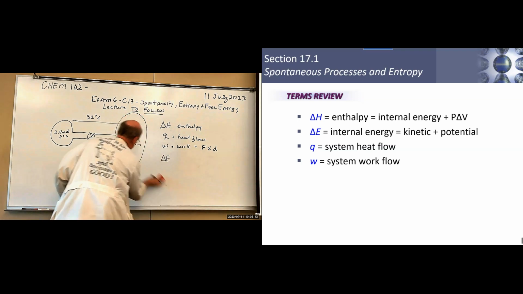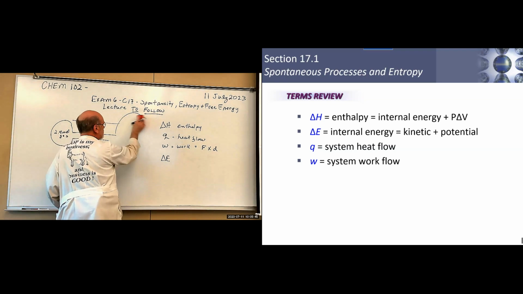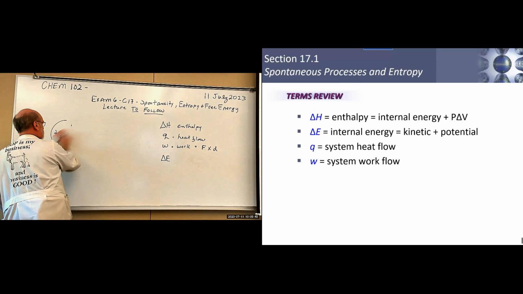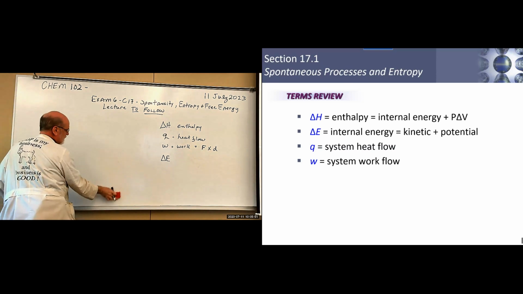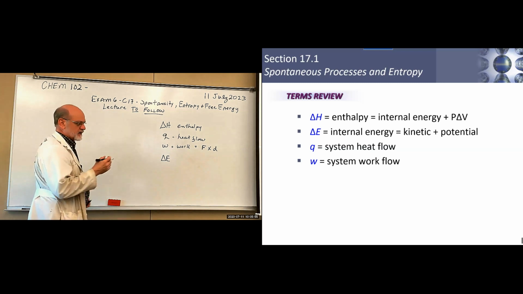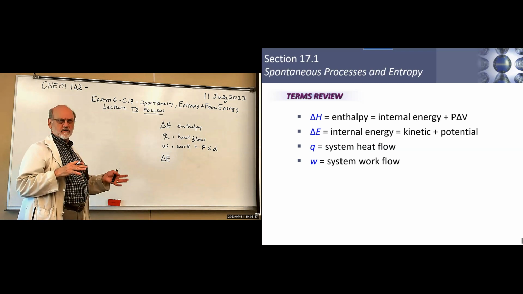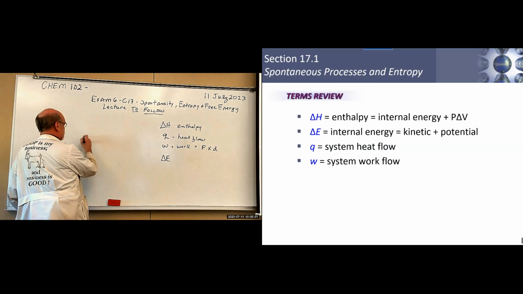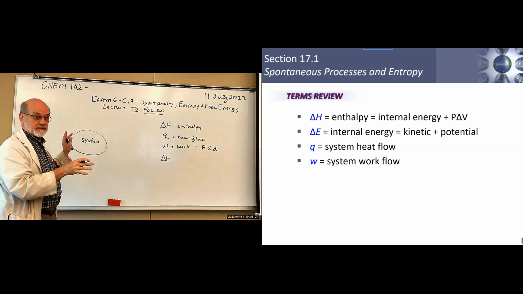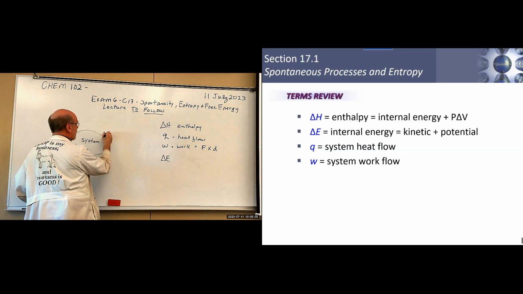And this goes back to the way of thinking that I proposed, I think, when we were talking about thermochemistry, defining system and surroundings. Do you remember that? No, okay. This is our system, and it's anything we define as a system, and everything else is surroundings.